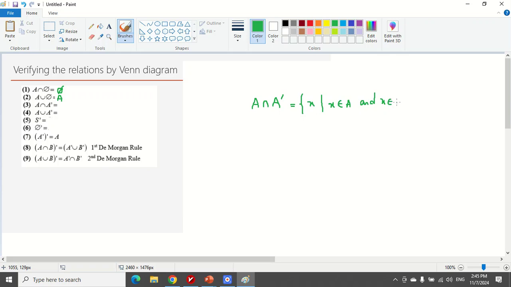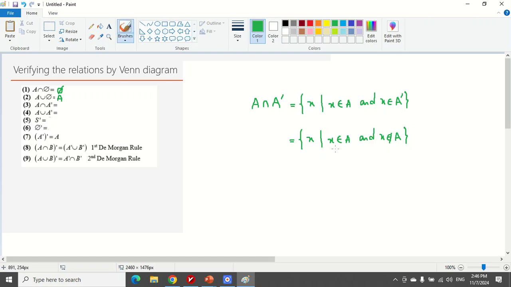So x belonging to A prime means that x is not belonging to A.